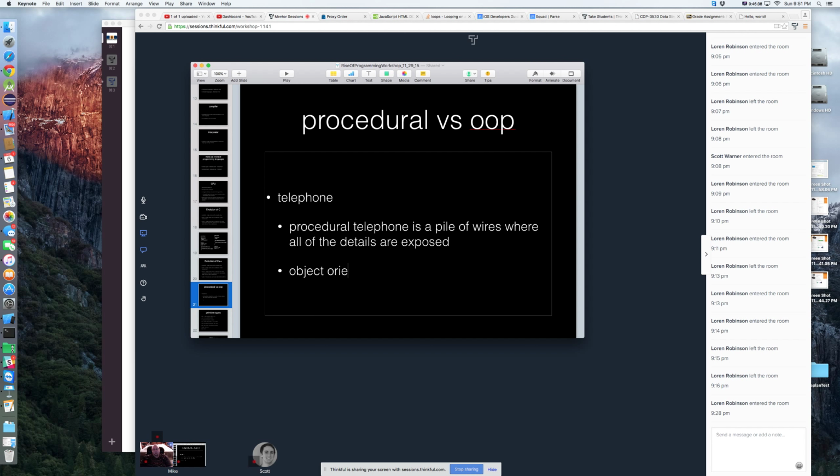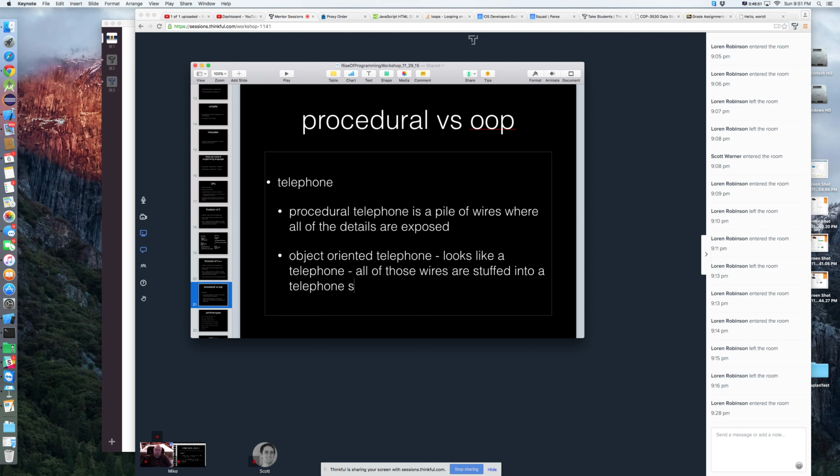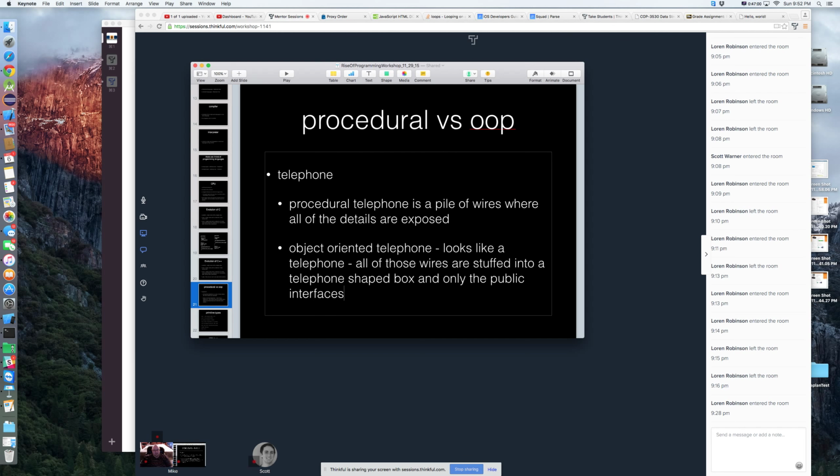The object-oriented telephone looks like a telephone. That is, all of those wires are stuffed into a telephone-shaped box. And only the public interfaces, that is, only the parts of the telephone that we actually have to commonly interact with, the buttons, the handset, those things, are exposed.